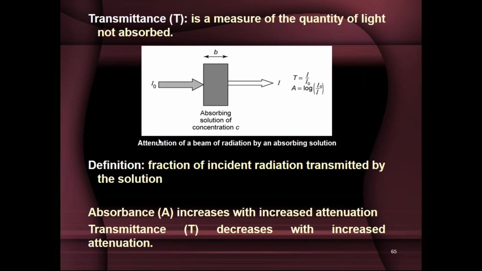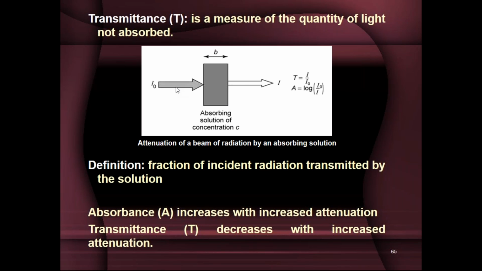You can see in this picture an attenuation of a beam of radiation by an absorbing solution. Here, this is the incident radiation. It is passing through a solution of concentration C. This solution is capable of absorbing this particular wavelength of radiation. That's why we call it an absorbing solution of concentration C.